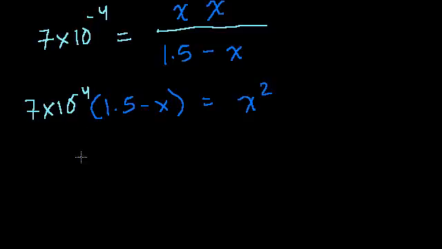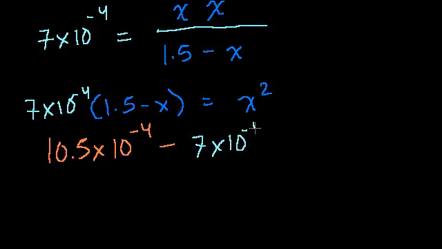If we multiply 7 times 10 to the minus fourth times 1.5, that's 10.5. So we have 10.5 times 10 to the minus fourth, minus 7 times 10 to the minus fourth X, is equal to X squared.